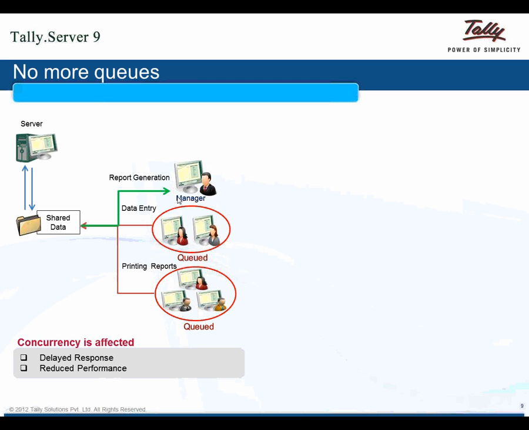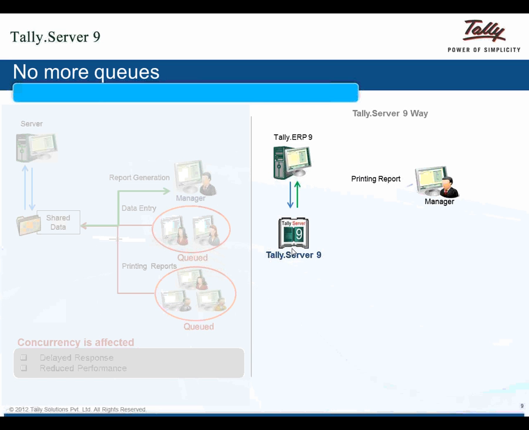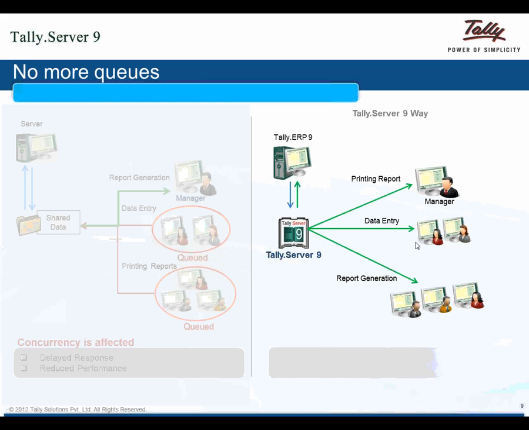This is the current scenario. With Tally Server 9, if you install Tally.ERP9 in parallel with Tally Server 9, each and every user will get a separate session. They are directly accessing data through Tally Server 9.